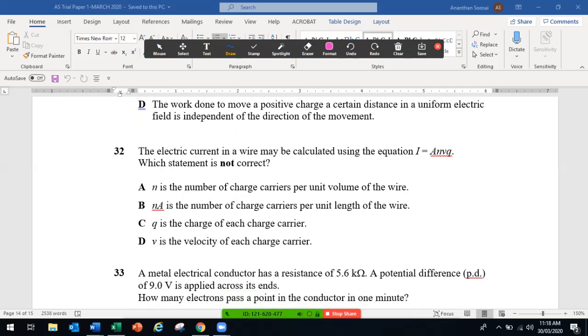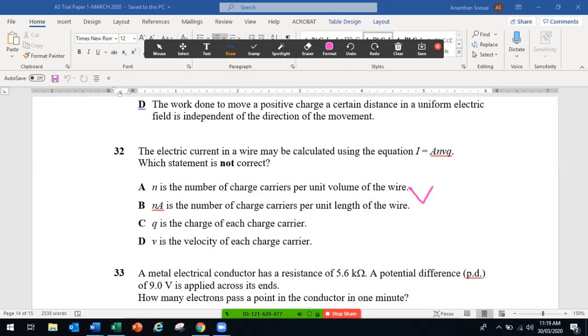What is the velocity of each charge carrier? The electric current in the wire may be calculated using I equals nAvq. V is the velocity of each charge carrier. To be more accurate, it should be the drift velocity, the average velocity. Drift velocity is the best answer. N is the number of charge carriers per unit volume, so you have to be careful with this.